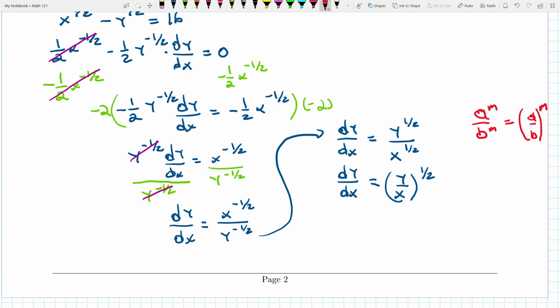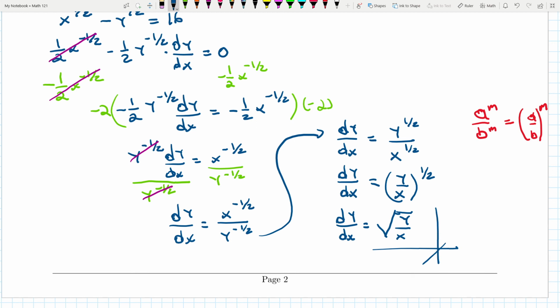So that's essentially what we're doing from here to there. And then last but not least, dy dx, the derivative of y with respect to x. Let's write it: anything to the 1/2 power means square root. And we're done with this problem.